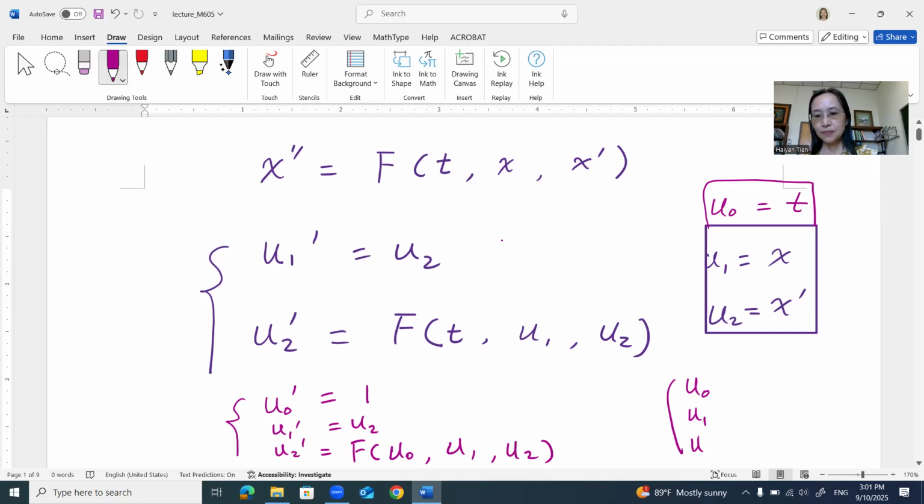So this vector valued function's derivative equals the vector field 1, u2, and this expression of u naught, u1, u2.